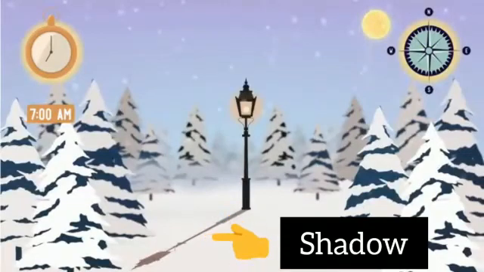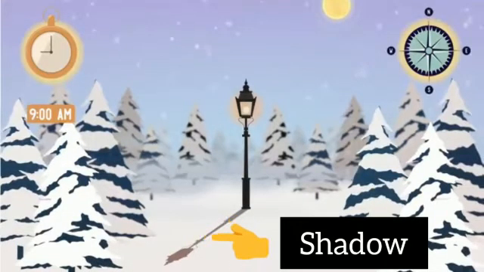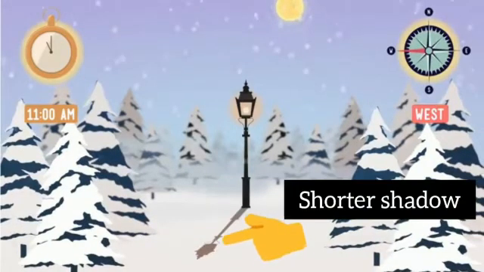In the morning when the sun rises, the shadows are longer, as you all can see in the picture. Shadow of the lamppost. The sun is lower in the morning, so the shadows are longer. Now as the time increases, 9 a.m. and 11 a.m., the sun is rising slowly in the sky and the shadow is slowly becoming shorter and shorter.